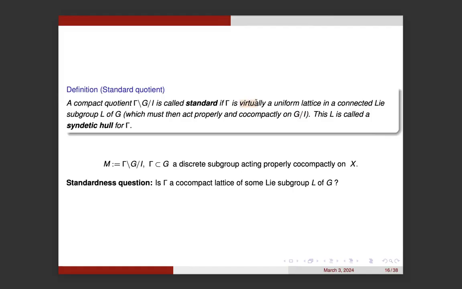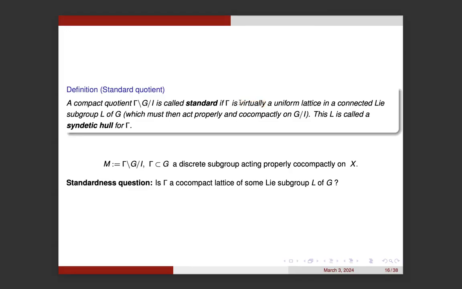And I wrote here "virtually," meaning that I do not require this to be true for gamma, but for some finite index subgroup of gamma. So a compact quotient is called standard if there is a finite index subgroup of gamma which is a lattice in a connected Lie group L of J acting properly co-compactly.